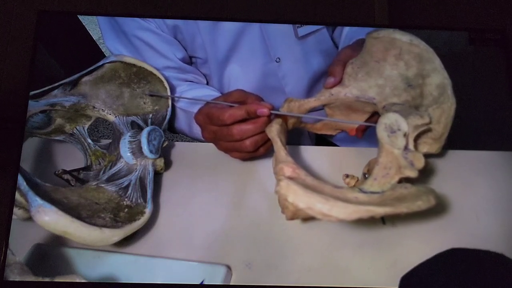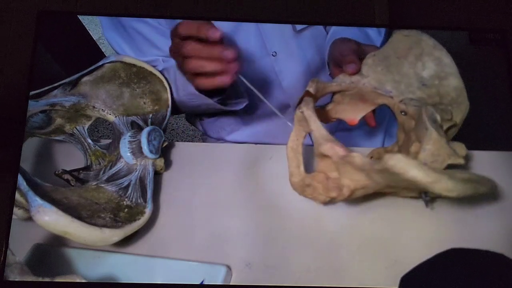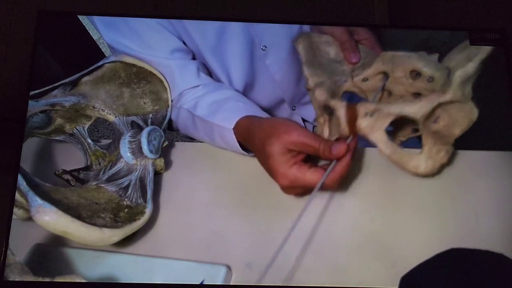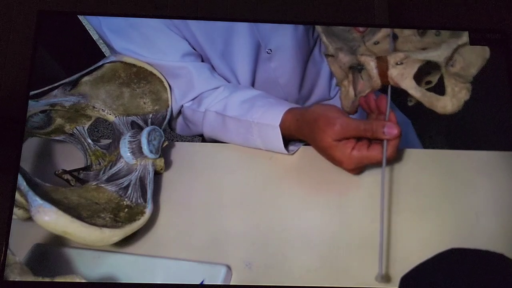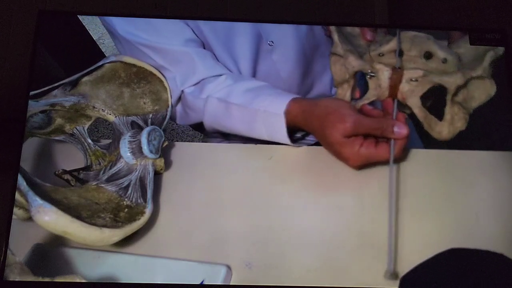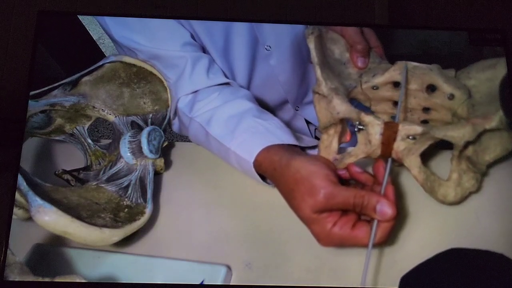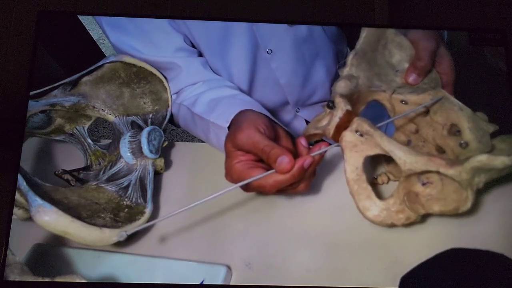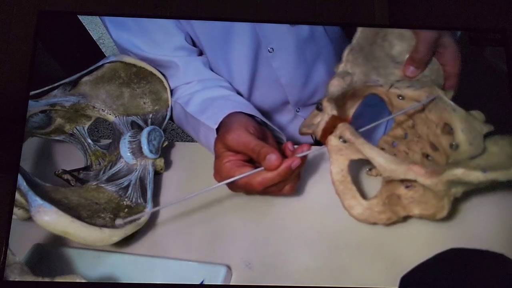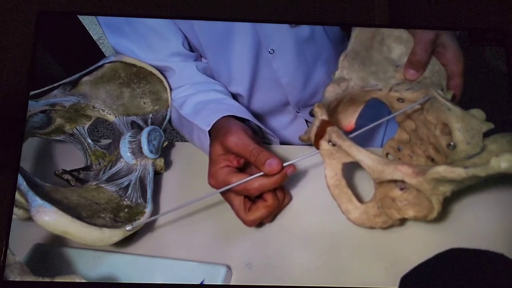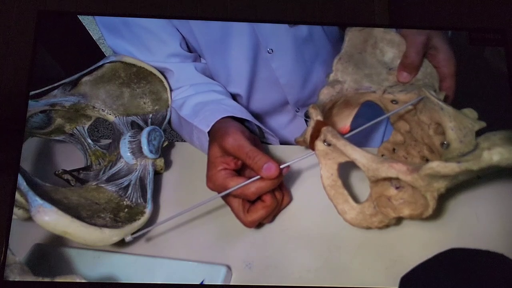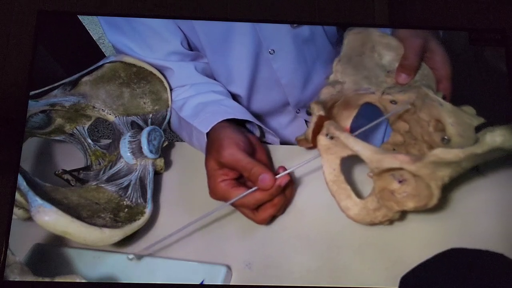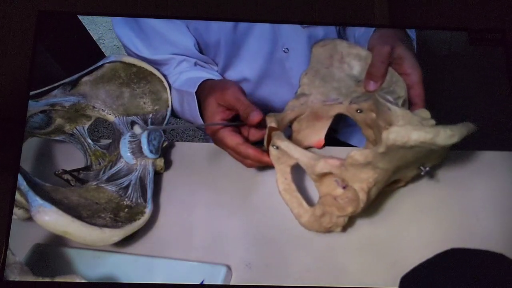The term diagonal conjugate is from the inferior border of the symphysis pubis down to the promontory of the sacrum, and the line joining these two parts is called the diagonal conjugate diameter. It is about 1.5 centimeters greater than the true conjugate diameter. This can also be performed by PE examination.